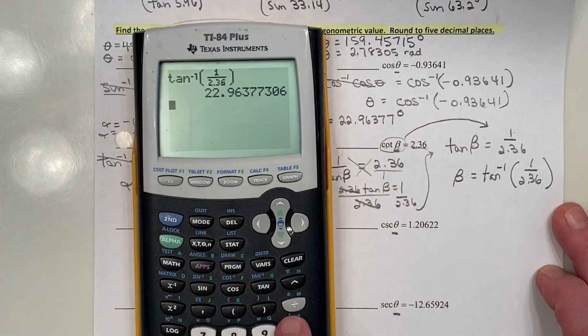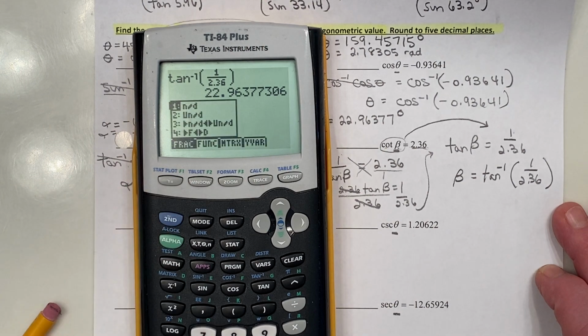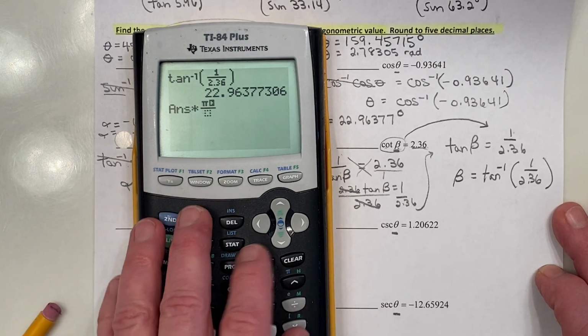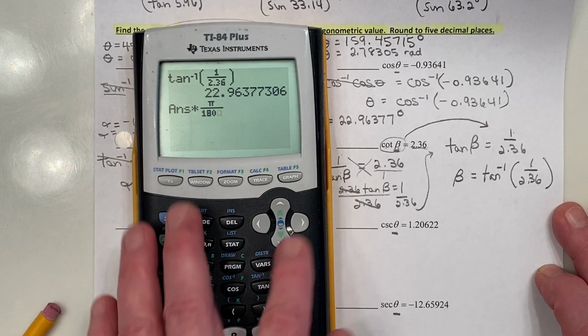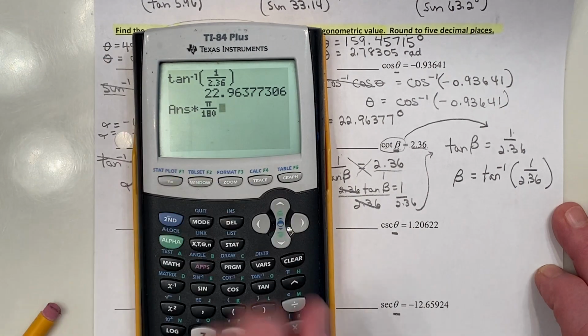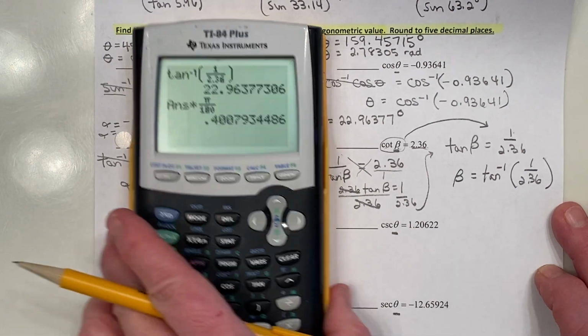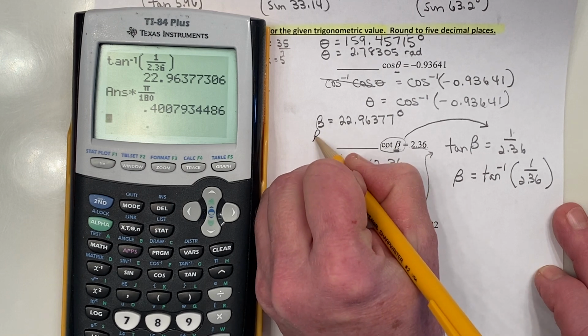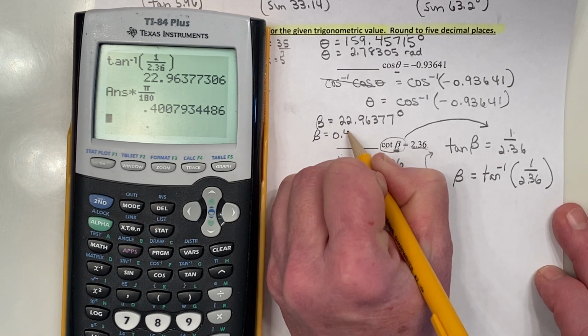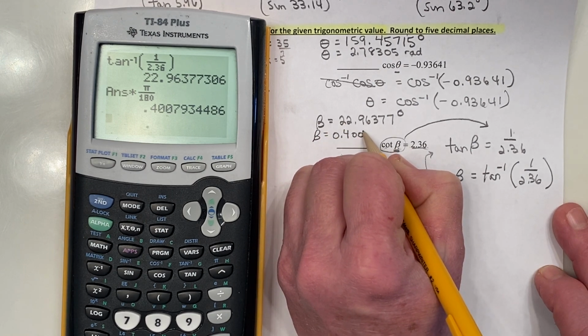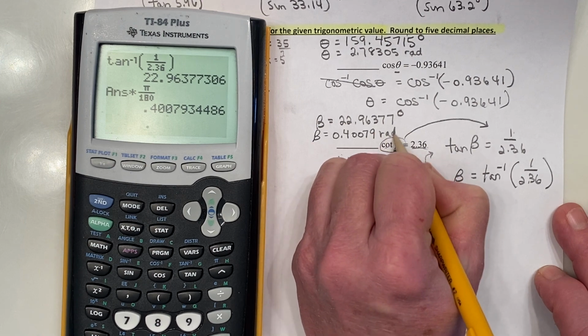Again, that is a degree measure, so you could multiply by the fraction pi over 180. It just seems like more keystrokes to me than changing the mode. Remember that conversion to change from degrees to radians? So beta is also equal to the radian measure 0.40079, and that's radians.